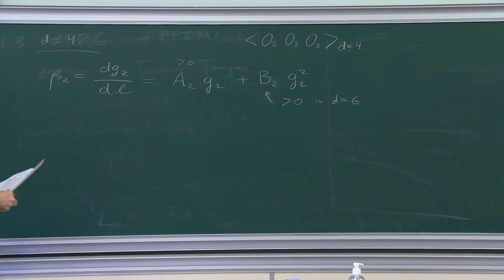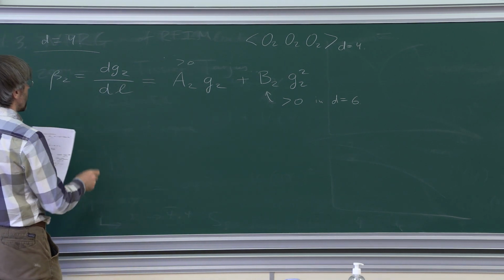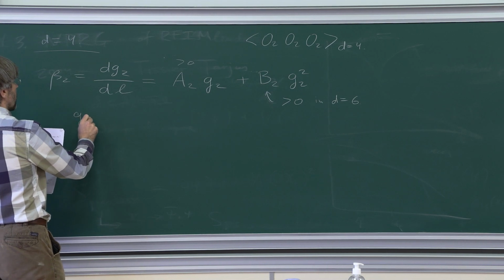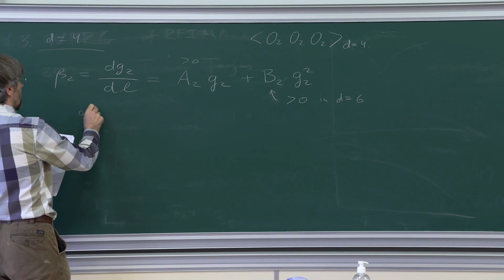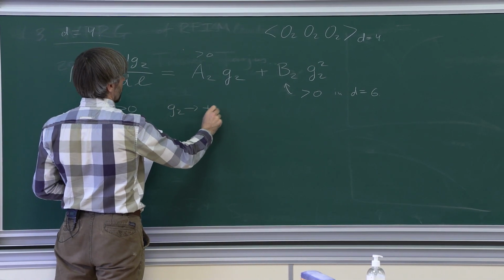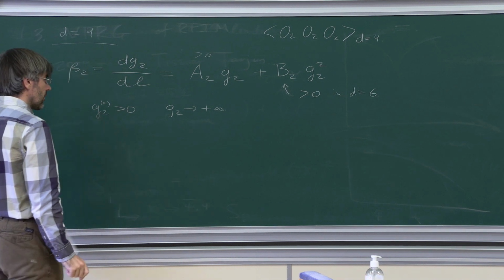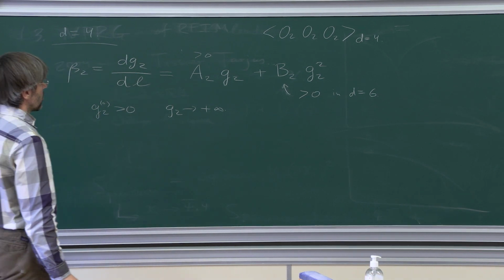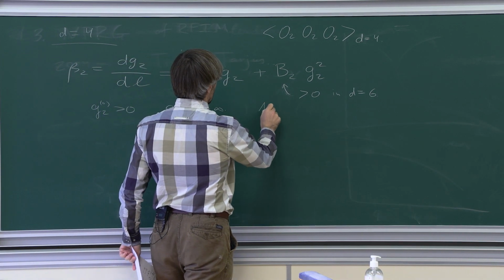And so what does this mean? It means that if the initial value of G2 is positive, then G2 just flows to plus infinity. And so this would correspond to a first order phase transition.